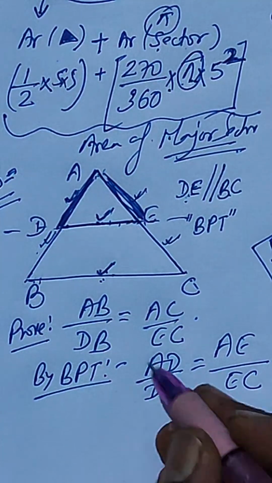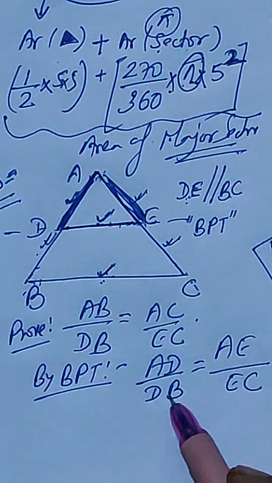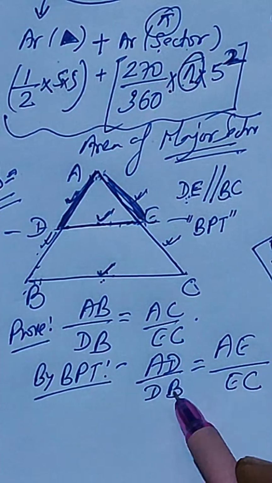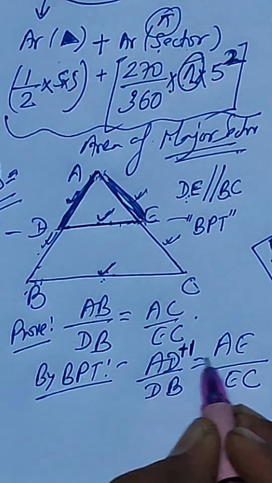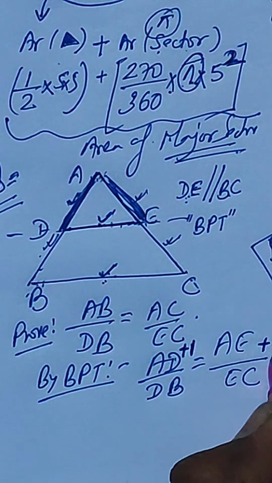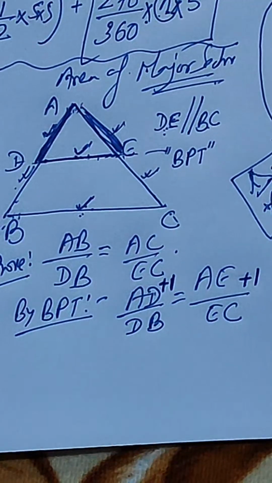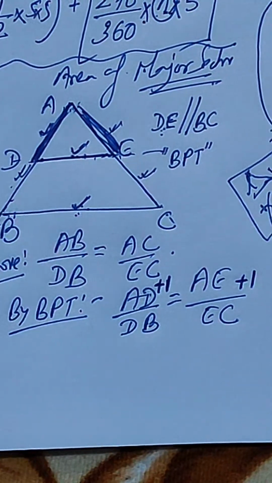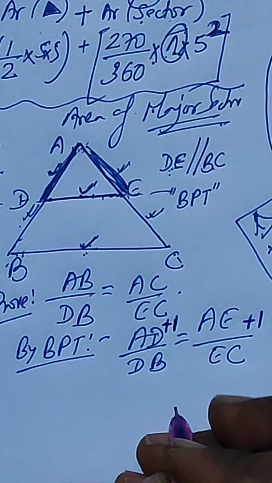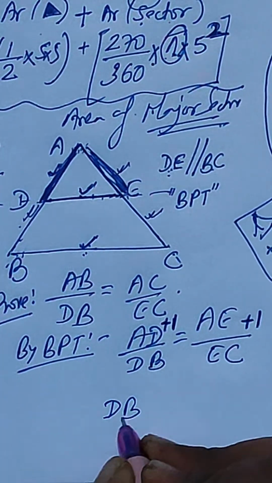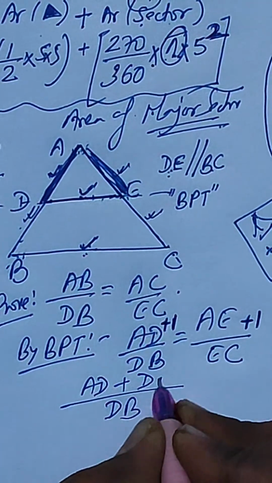But you can see it's AB in the numerator. That means DB needs to be added with AD. So we can add 1 to the LHS and 1 to the RHS. When you take the LCM, DB will be in the denominator, and in the numerator we have AD plus DB.